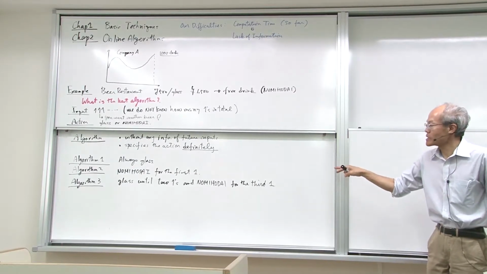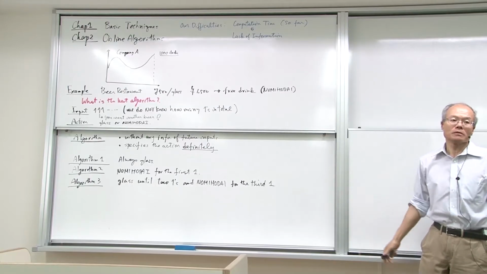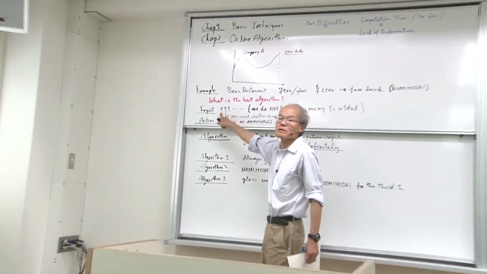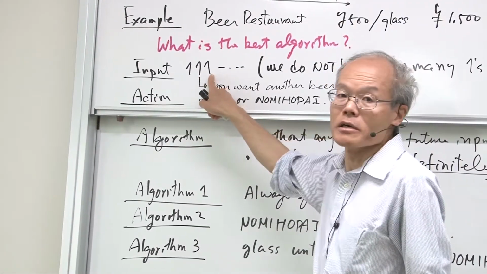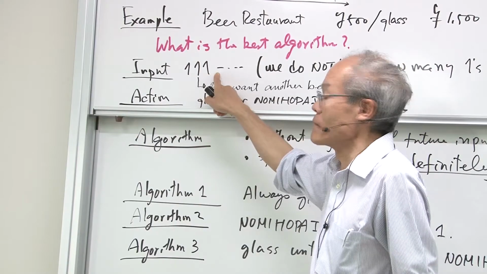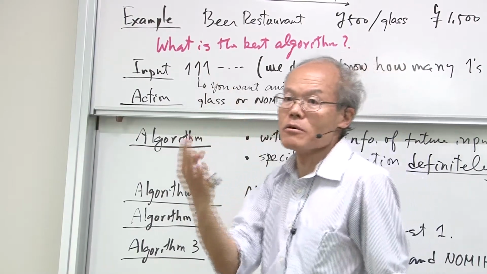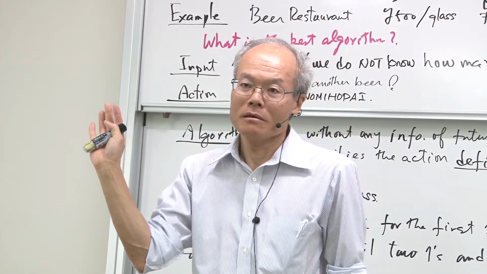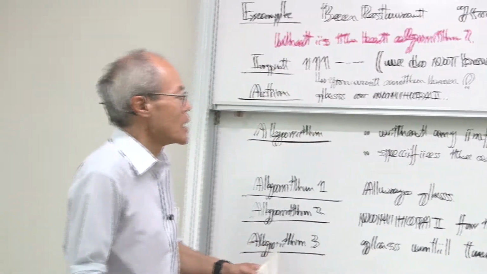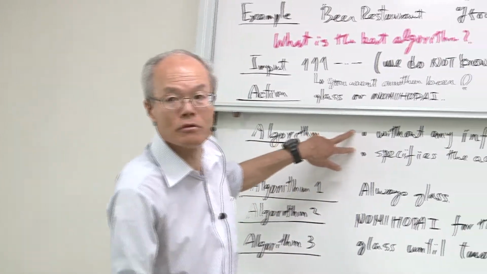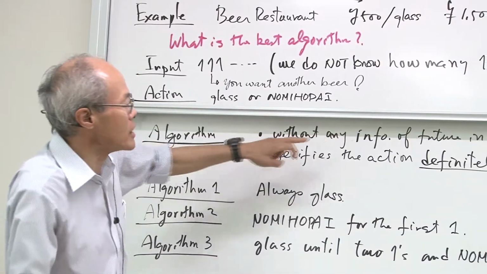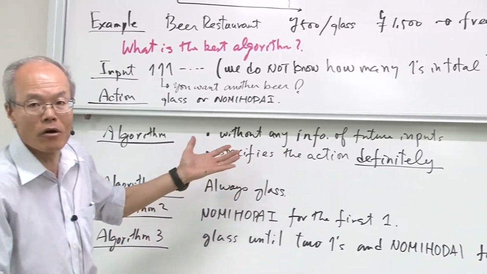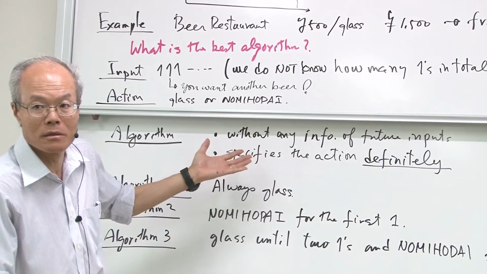And when the third one comes, you order 飲み放題. So this is glass, this is glass, this is 飲み放題. After that, of course, once you order 飲み放題, it's completely free. The third algorithm again satisfies two requirements without any information of future inputs, and actions are completely definite. No problem.